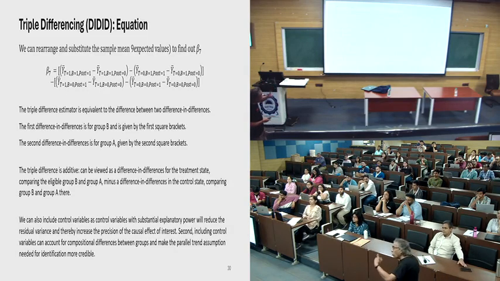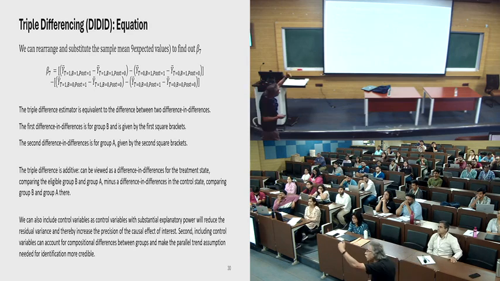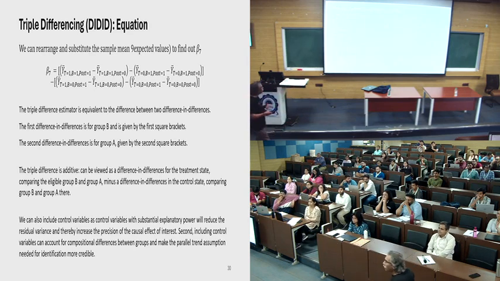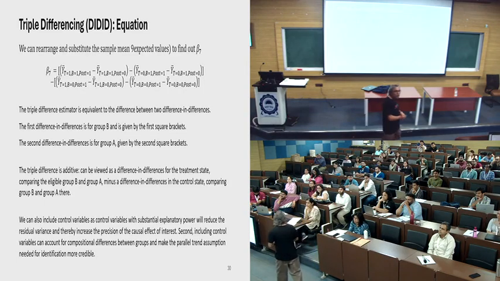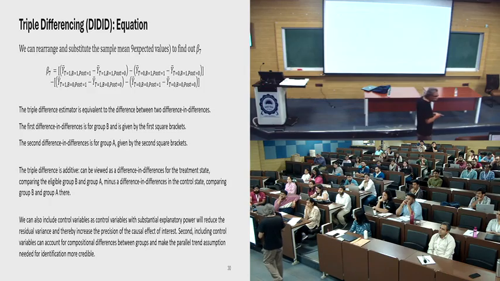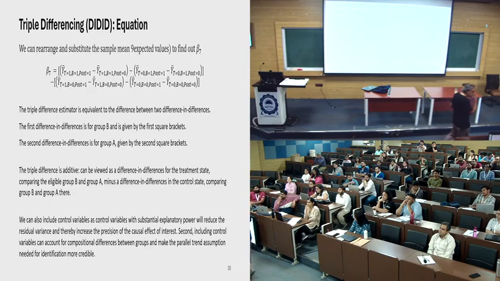Clear? And the way I can think of it is the difference-in-difference for the treatment state, comparing the eligible group B and group A, minus the difference in the control state comparing group B and group A. Okay? So I basically have a treatment state where I have two groups, exposed and not exposed.